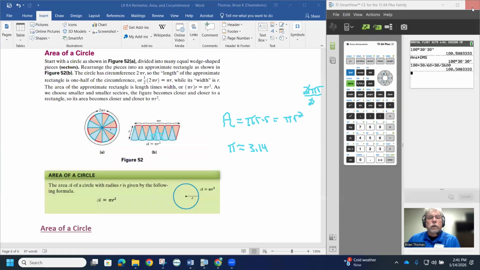So in our problem, notice that a circle can be transformed into a rectangle or a parallelogram, if you will. But notice how this radius is actually going to become a height as I cut it into more and more pieces.